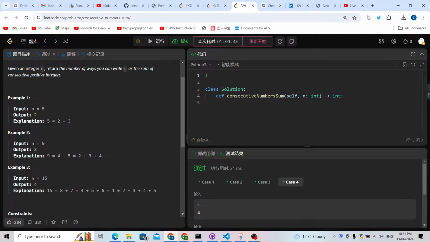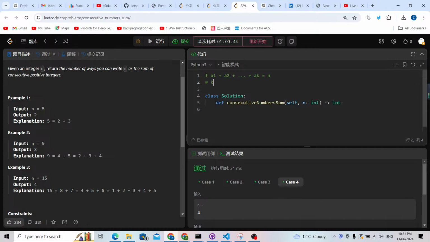Let's start to check. So a1 plus a2 and so on until ak should equal this number n. Because it is consecutive numbers, we can use the mathematical formula directly.